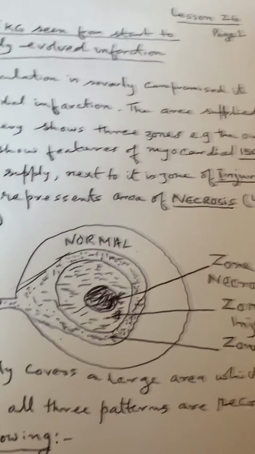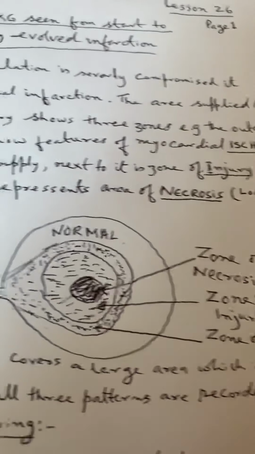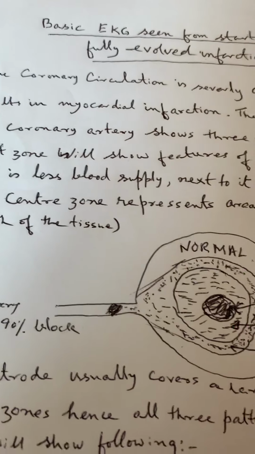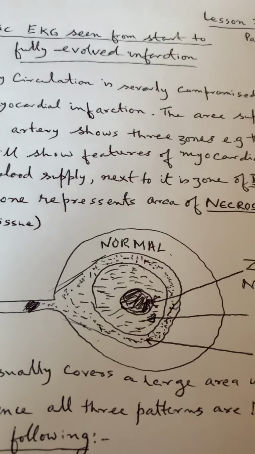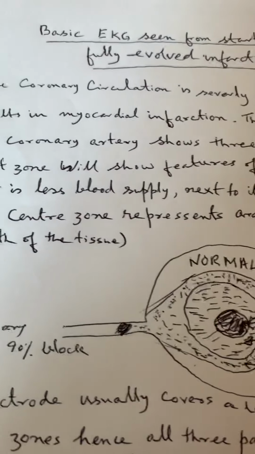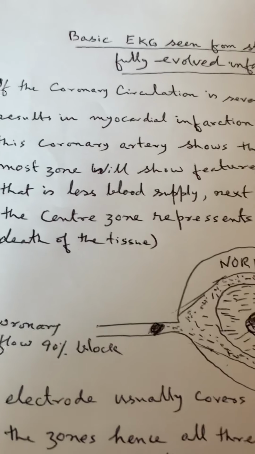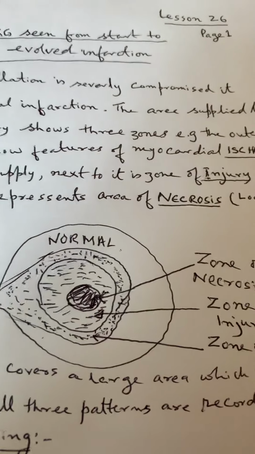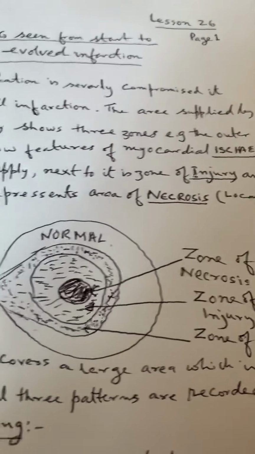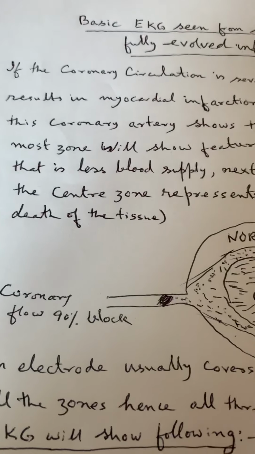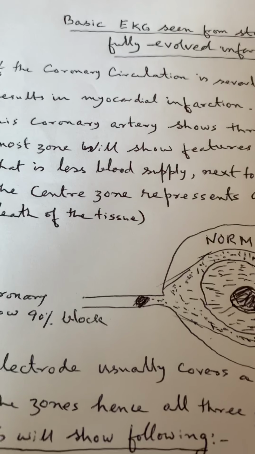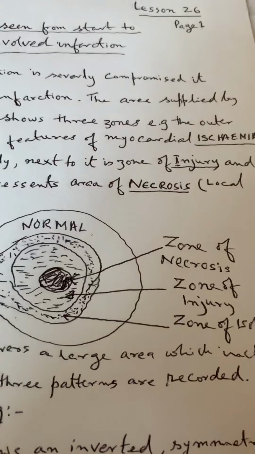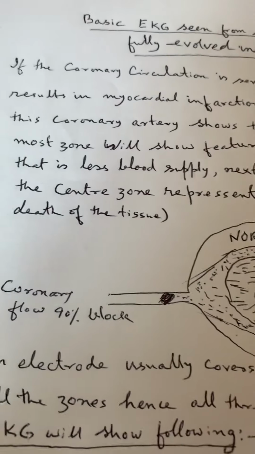For example, there is an outer zone which is known as the zone of ischemia, and it is because of the less blood supply. Next to this zone is the zone of injury, and the central portion represents the area of necrosis, that is the local death of the tissue.